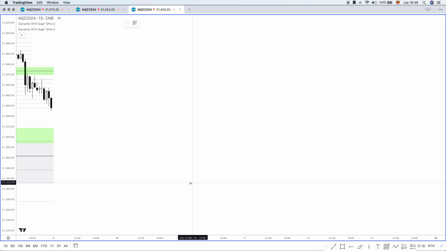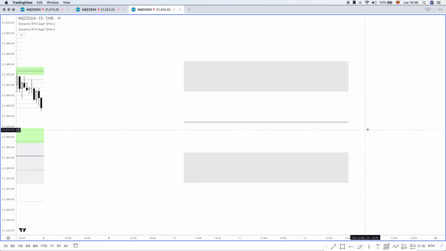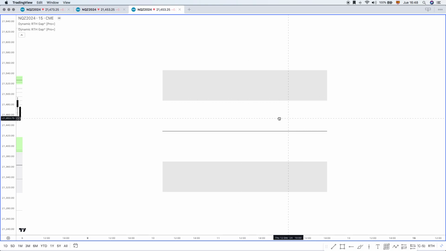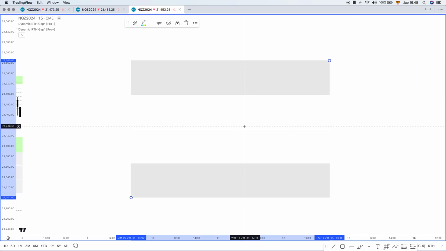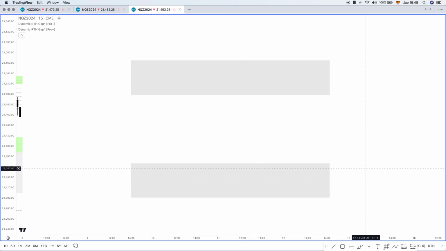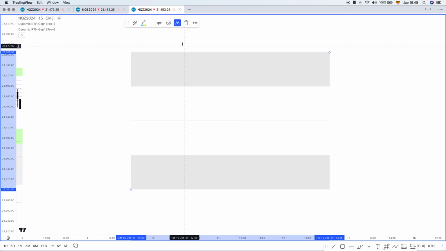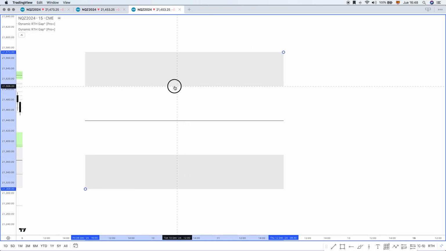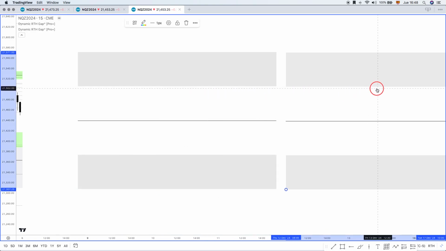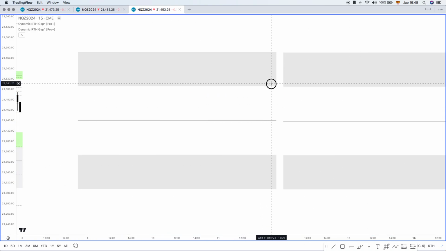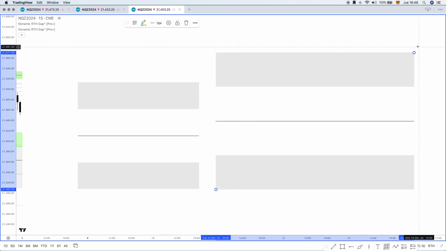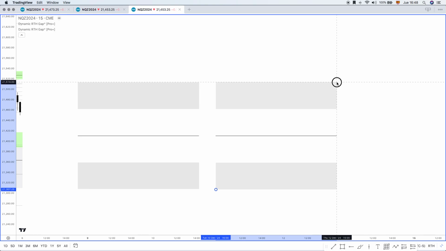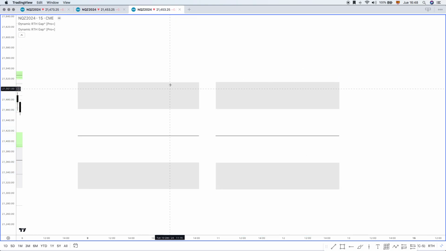So okay, a quick introduction. Imagine that this is a regulatory hours gap. You have two.